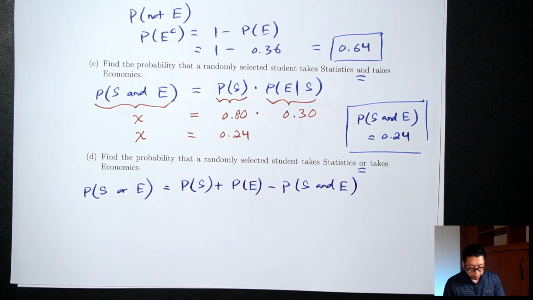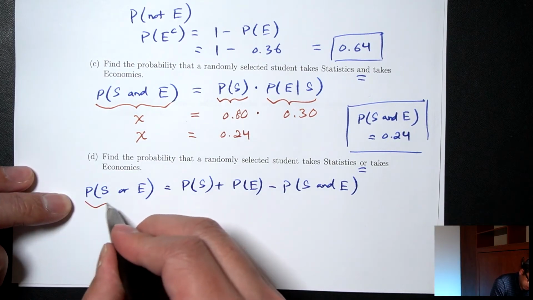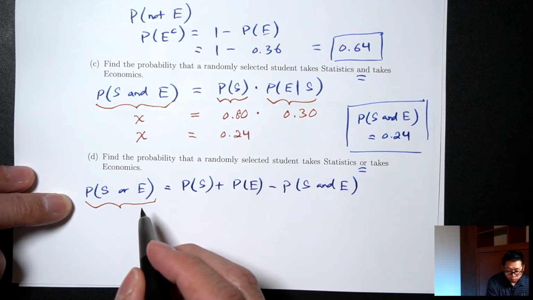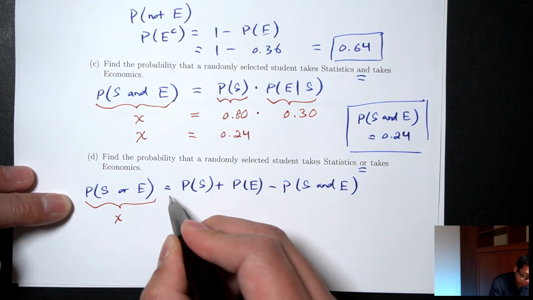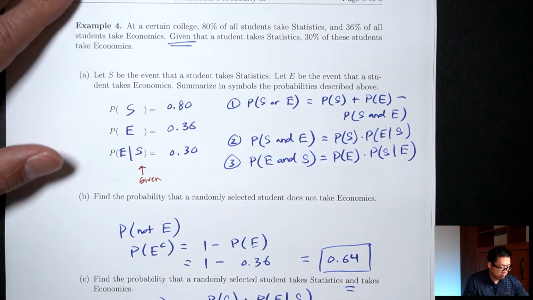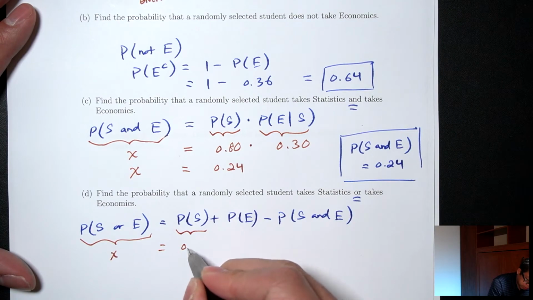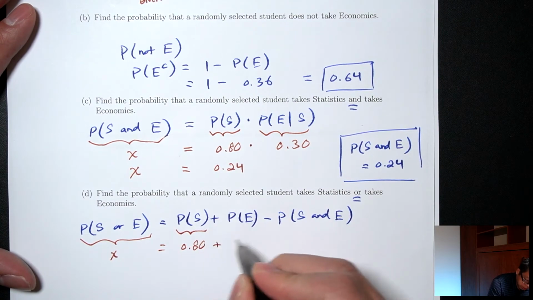Okay, go through, plug in stuff. S or E, that's actually what I'm looking for. So let me call that X. There's an equals. Probability of S, it's right there, 0.80. There's a plus.